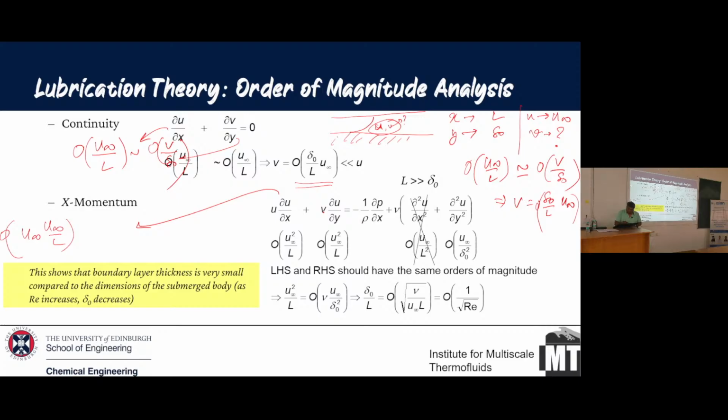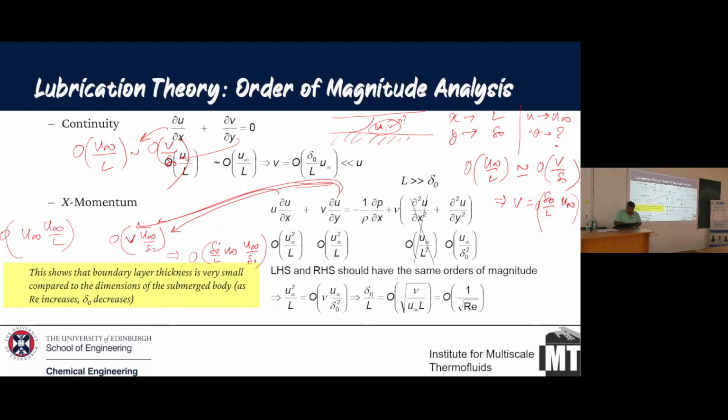If you look at v del u by del y, v can be written as order v, and del u by del y is u infinity by delta naught. We can substitute what v is from the continuity equation. So from here, I'm going to get order delta naught by L u infinity, times u infinity by delta naught.